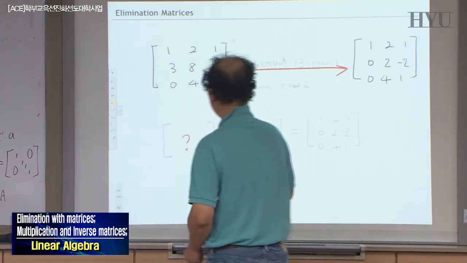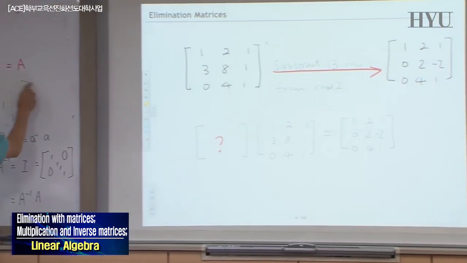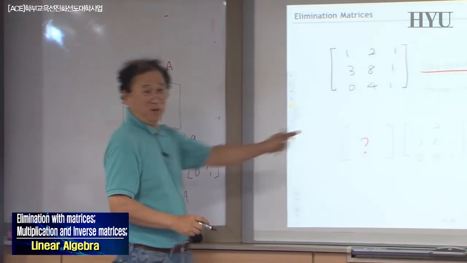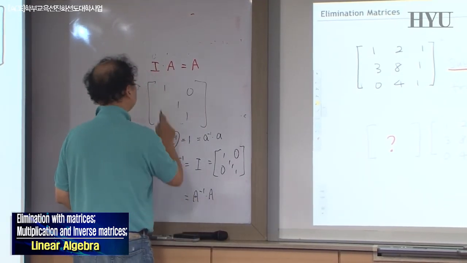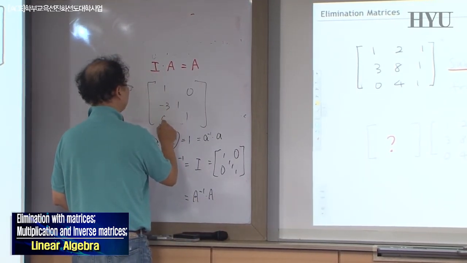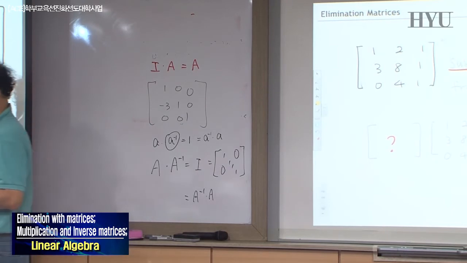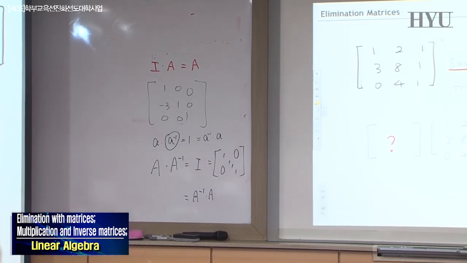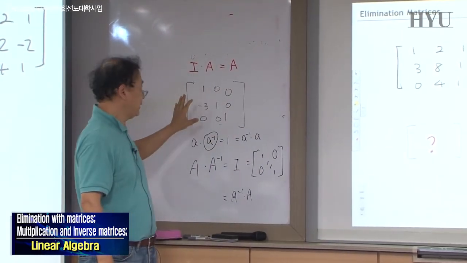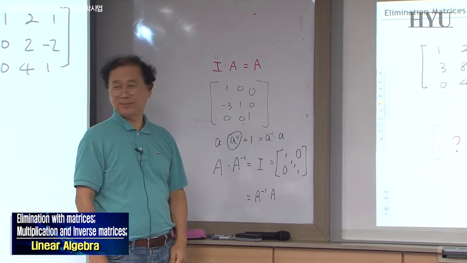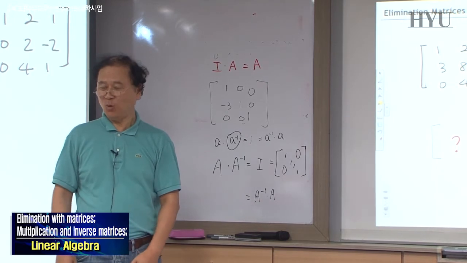Somehow, when you say it's 1, 1, 1, then just the same value, right? What about this question mark here? Does this work? Can you explain why it should work that way?